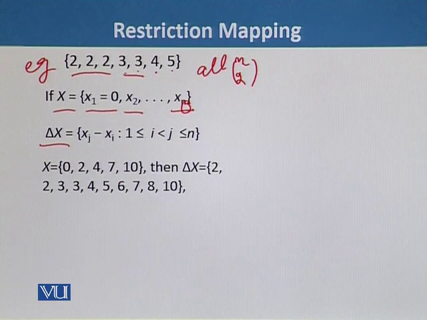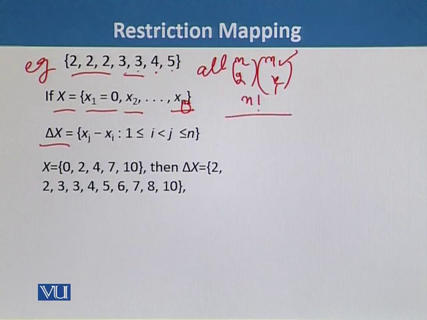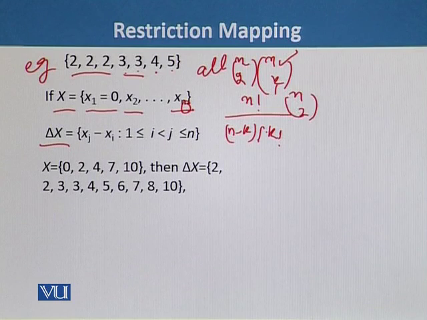If we consider it like n choose k, then it is the number of distinct subsets of k elements taken from a larger set of n elements, and is given by the expression n factorial divided by n minus k factorial multiplied by k factorial. In particular, n choose 2 is n times n minus 1 divided by 2.